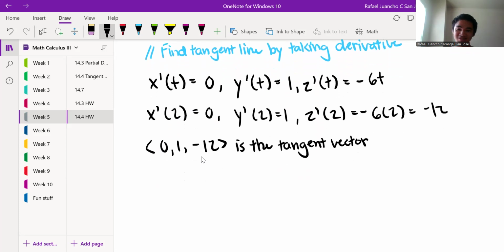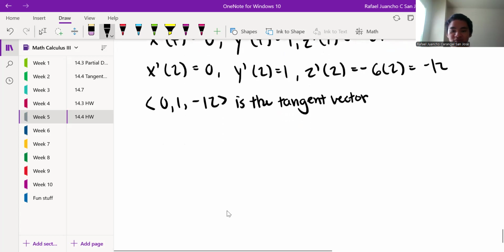And what's fascinating is that this is actually in 3D. Our slope at that point in the intersection curve is negative 12, right? And now we have that point and our direction vector.